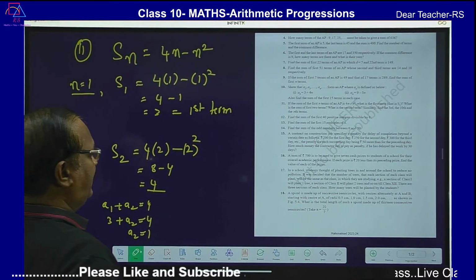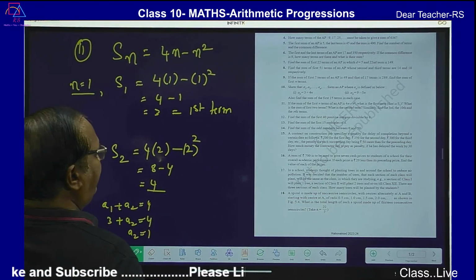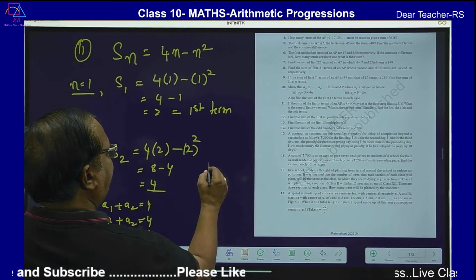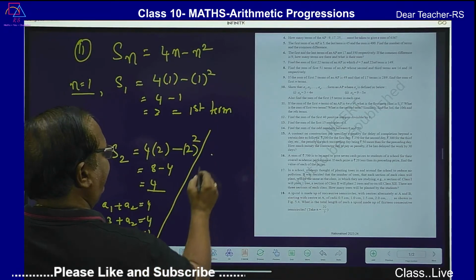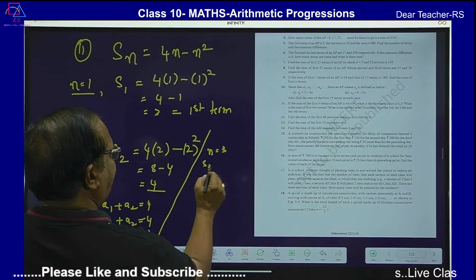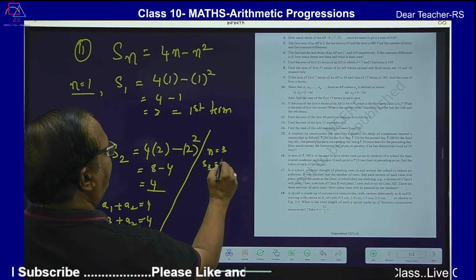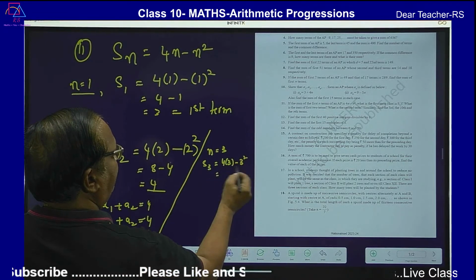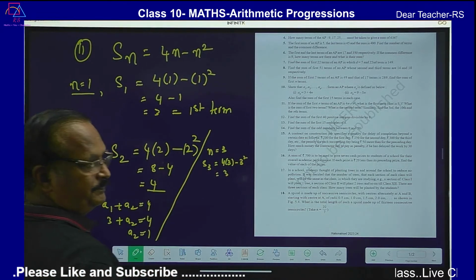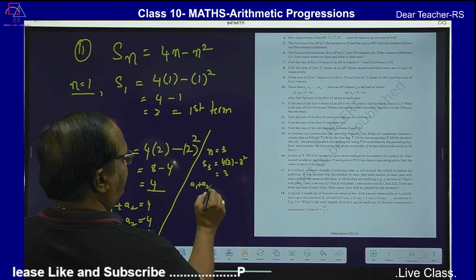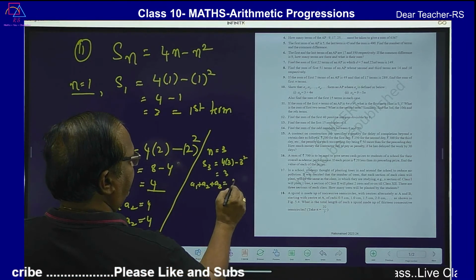Second term is 1. Now I will put n is equal to 3. So then S3 is equal to how much? 4 into 3 minus 3 square. So 12 minus 9, 3. So that means A1 plus A2 plus A3 is equal to 3.